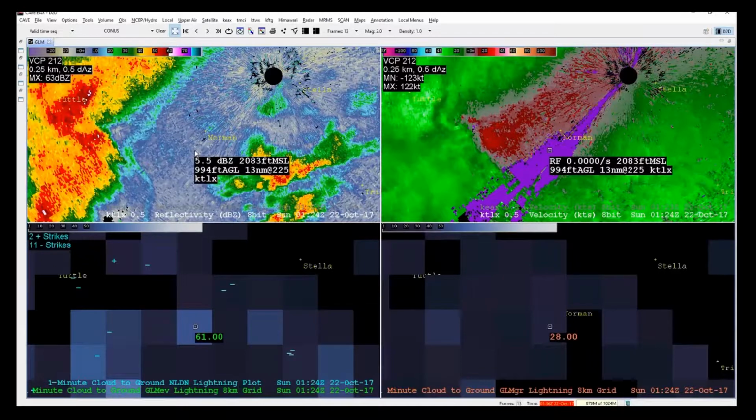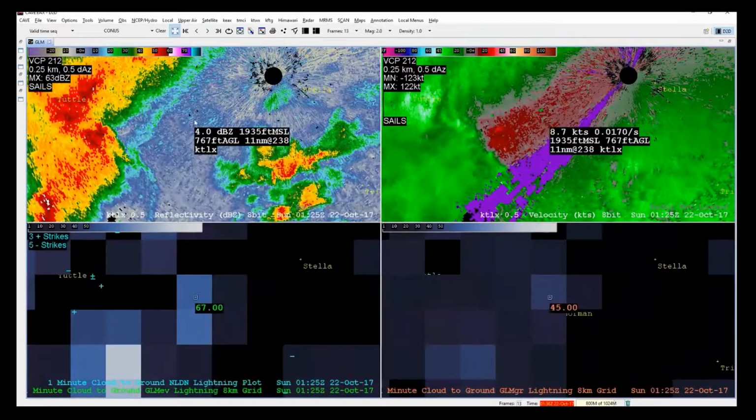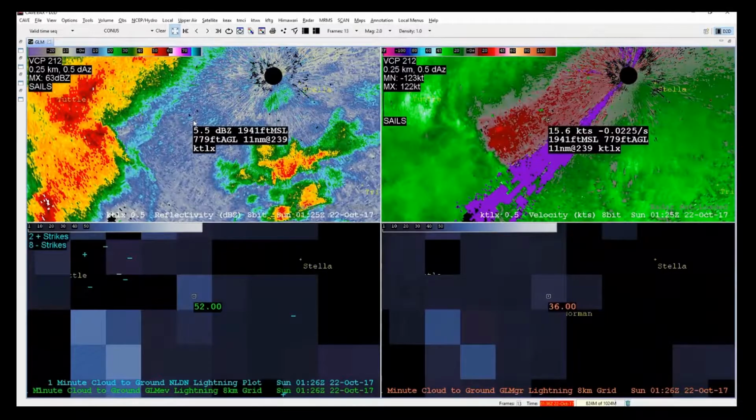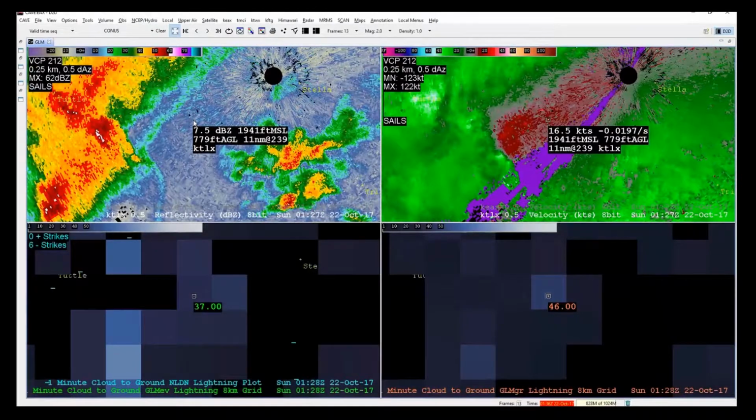From the lightning perspective, you've got marginal, fairly uninteresting lightning trends right now. You've got some lightning, but it's really not particularly electrically active here at 124Z. So let's step forward. There's a modest increase in total lightning, but as we move forward a little bit at a time, now we've gotten to 128.